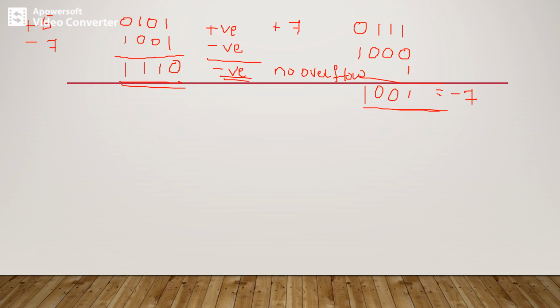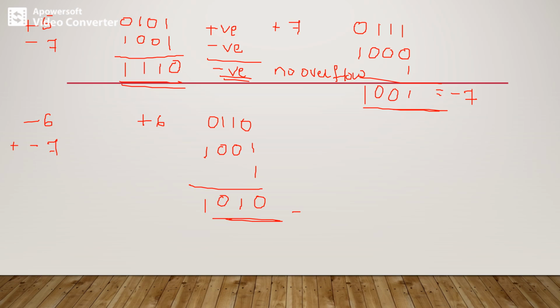So we will take one more example. We have to add -6 and -7. For -6, first I will take +6, so that is 0, 1, 1, 0. I will complement all the bits including the sign bit, 1, 0, 0, 1, plus 1. 1 plus 1 is 0, giving 1, 0, 1, 0.